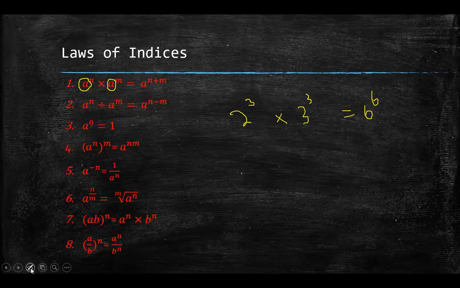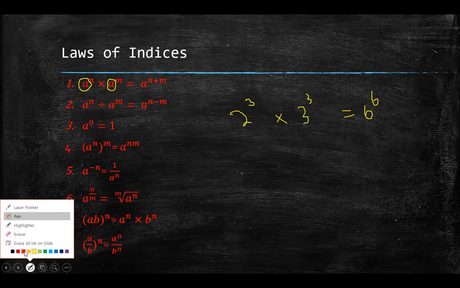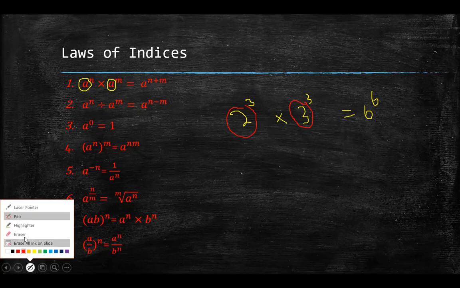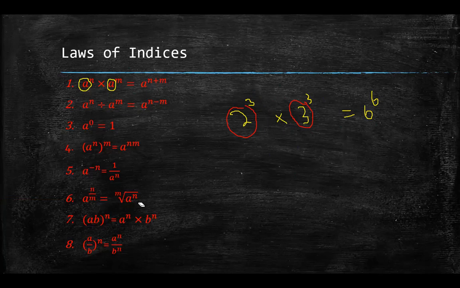No, that's not how it works. It must be the same base. 2 and 3 are not the same. These do not have the same bases, and therefore this rule cannot apply here. So just remember that. It's always the same base.